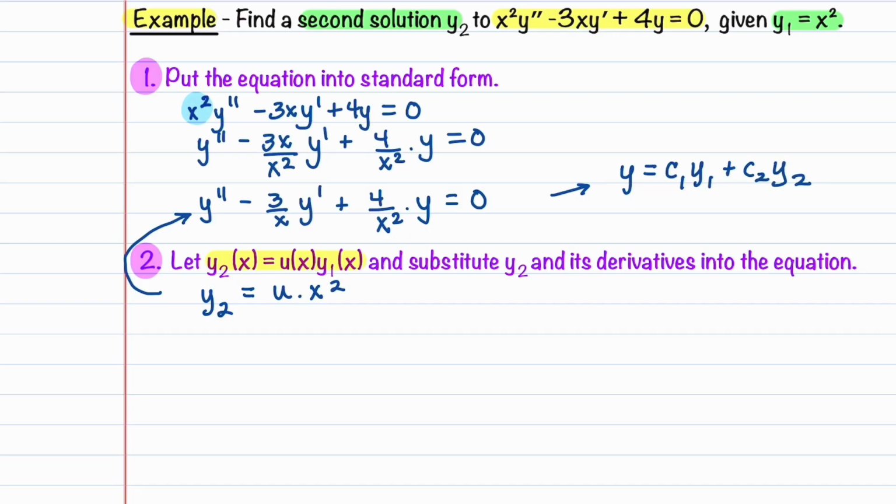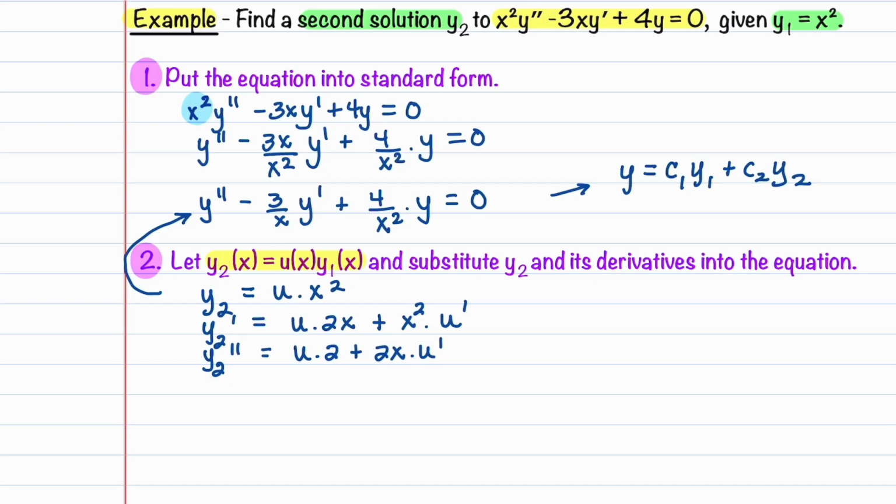Before we plug it in, we need to find y2 prime and y2 double prime, so let's do that. y2 prime, using the product rule, is the first times the derivative of the second plus the second times the derivative of the first. Now let's take another derivative. y2 double prime is going to be the first times the derivative of the second, which is just 2, plus 2x times u prime.